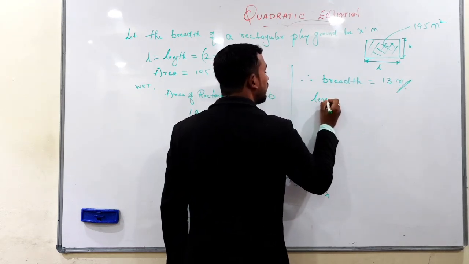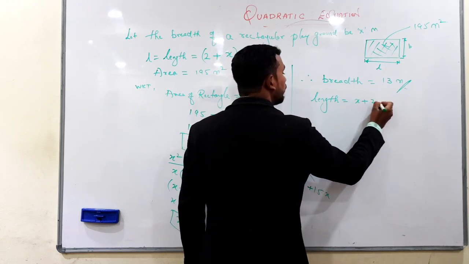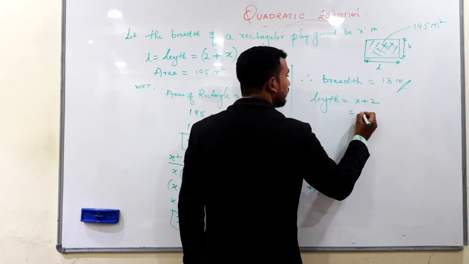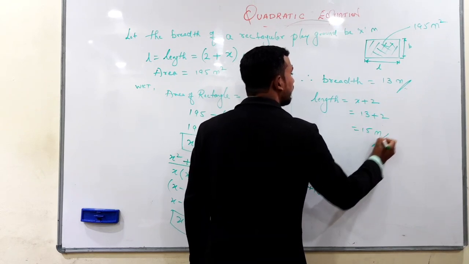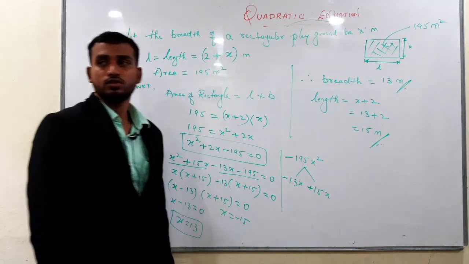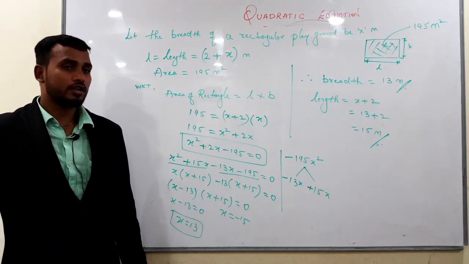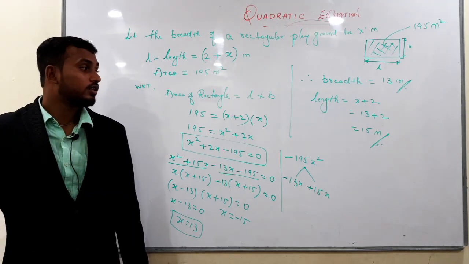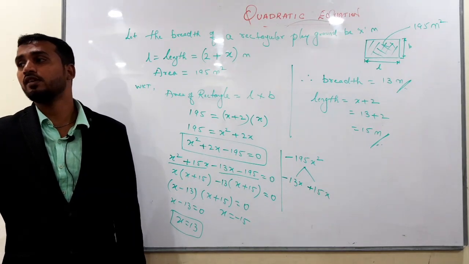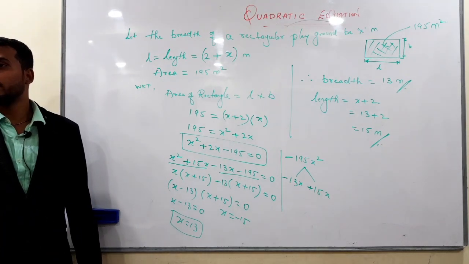Then length is how much? x plus 2. x is 13 plus 2, that's nothing but 15 meters. So this is our final answer. So the rectangular field has length and breadth 15 and 13 meters. Is this clear? Got it?